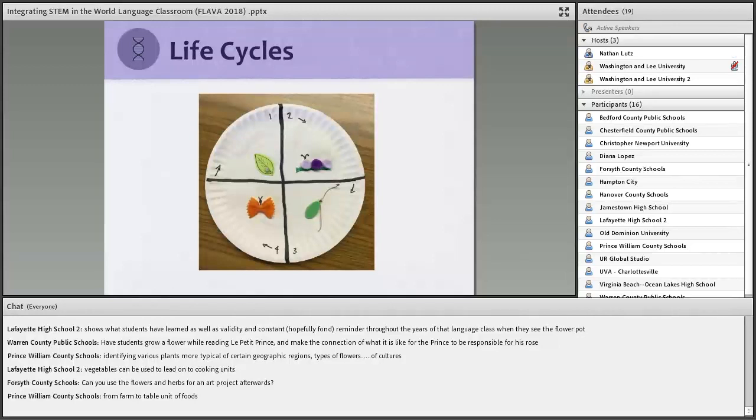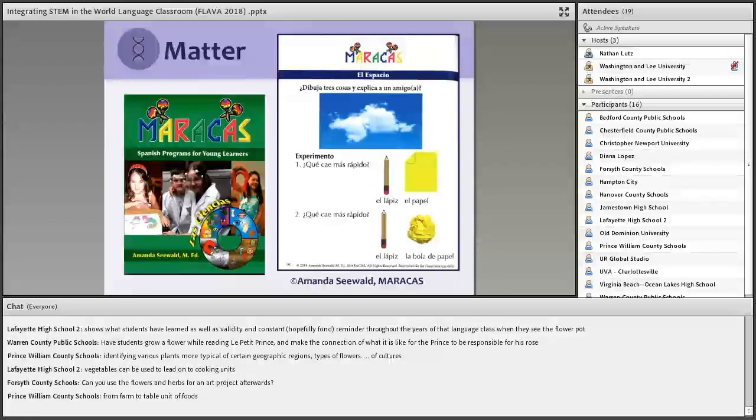So that's a great visual prop for them to use in lieu of having to write what they're talking about. So I just wanted to give a couple of resources, and these are on the wiki that you'll be able to find at the end.